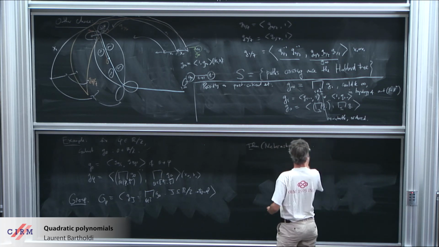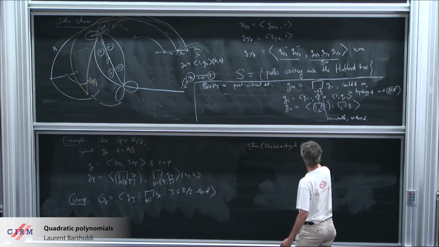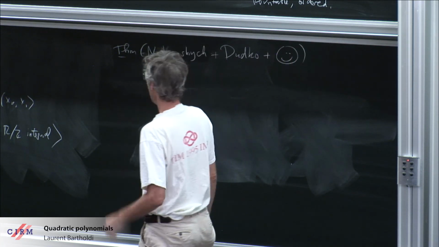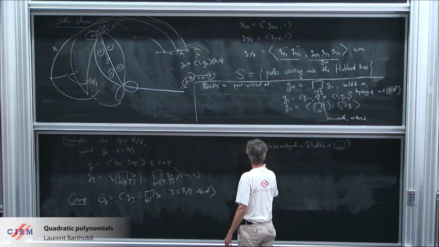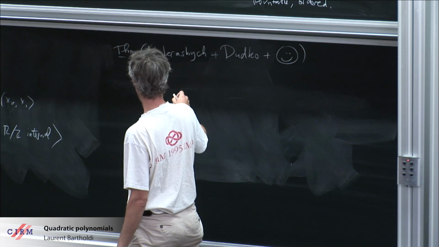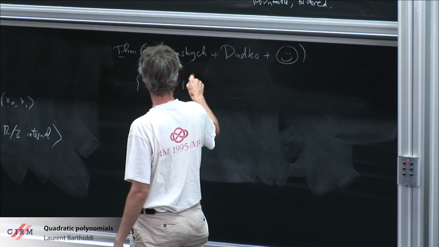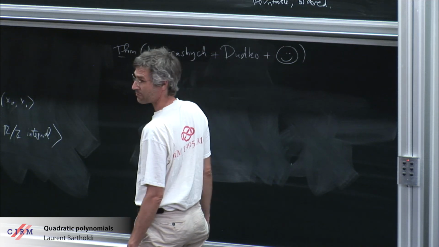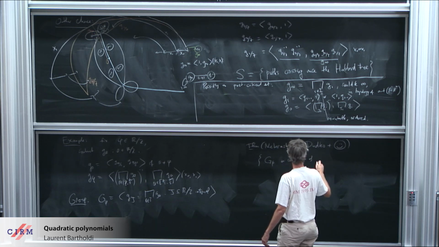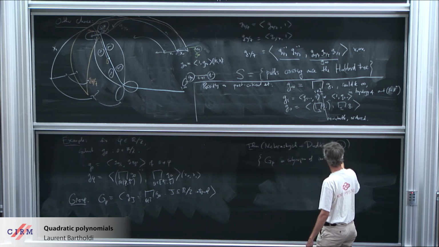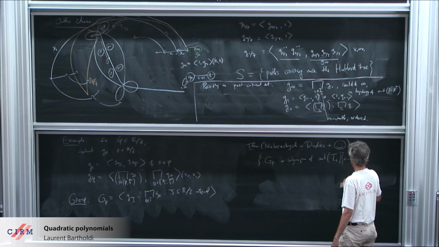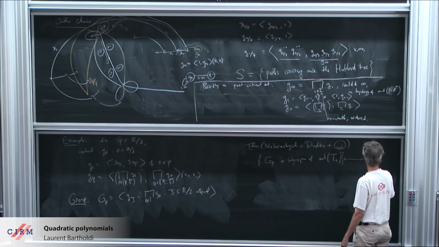Now, the statement is that the collection of G phi, up to isomorphism, well, up to equivalence as subgroups acting on the tree, as subgroups of the automorphism group of the tree, is the same thing as the Mandelbrot set over combinatorial equivalence.